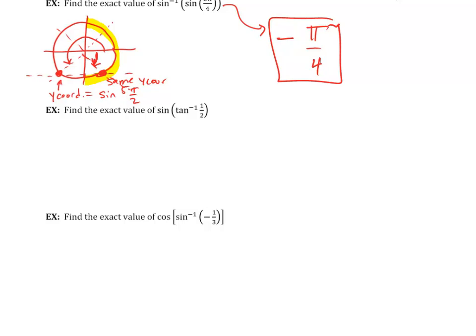If tangent of some number, we'll call it theta, is equal to 1/2, so we're saying tangent of what angle is 1/2. And in this case, theta, because it's an inverse tangent, is between negative pi over 2 and positive pi over 2. What is sine of theta?